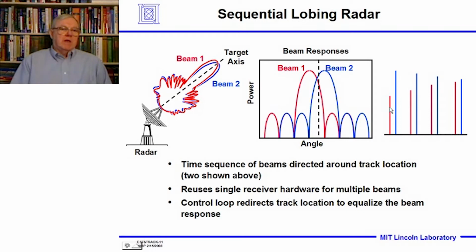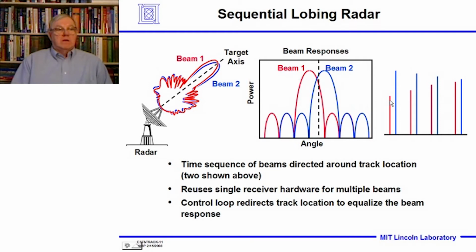And the response we get, if the target was off to the right, is that more of the target amplitude would be in beam 2 than in beam 1.